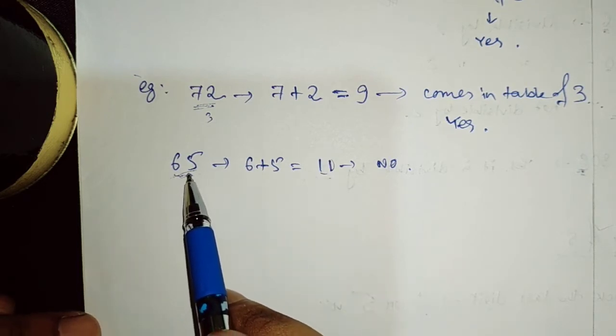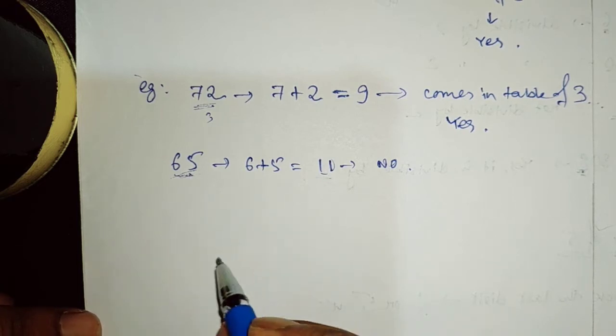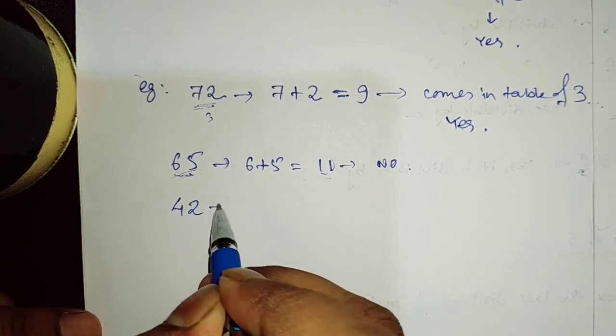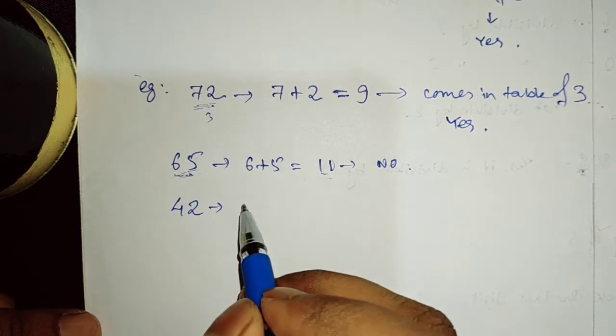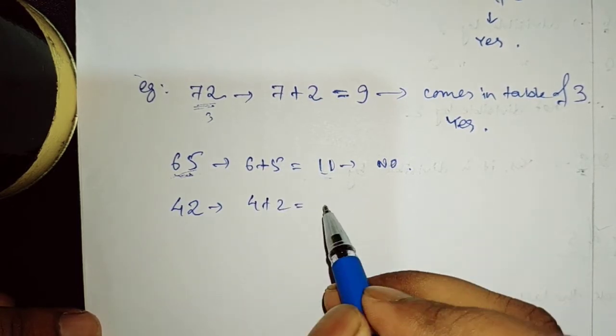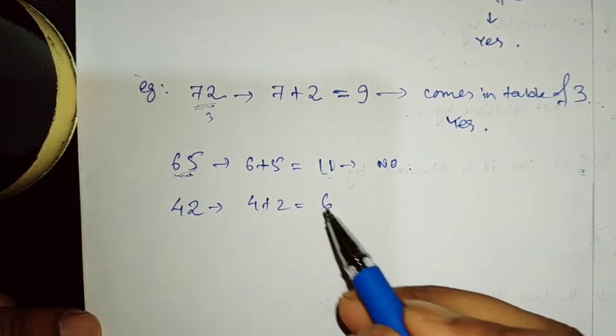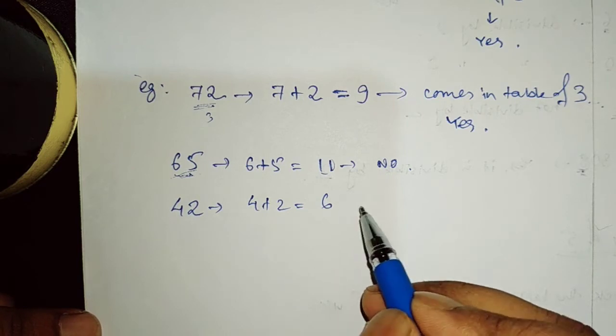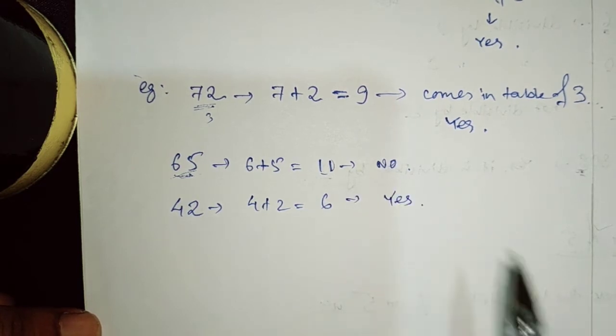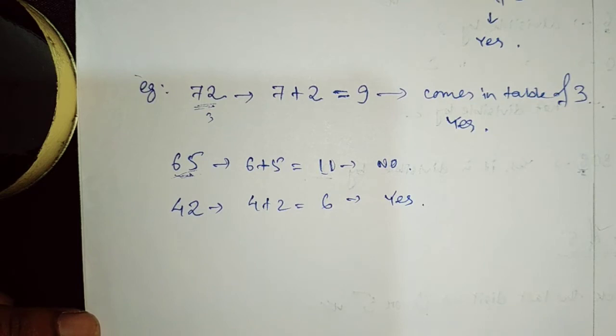Okay, let us take another example. 42. 4 plus 2 is what? 6. 6 comes in the table of 3. That means yes. Let us take a bigger number. 633.